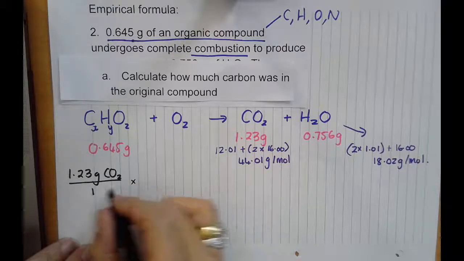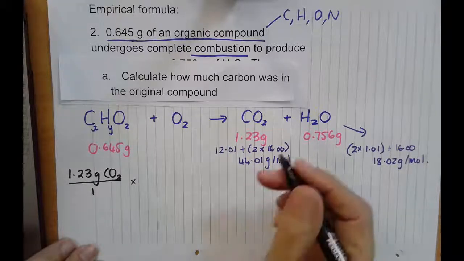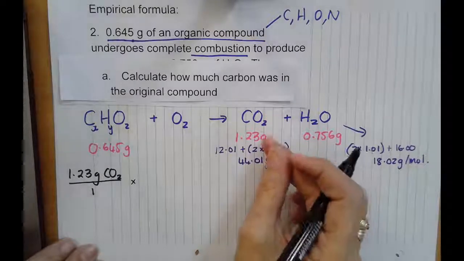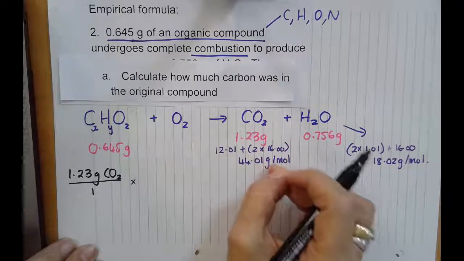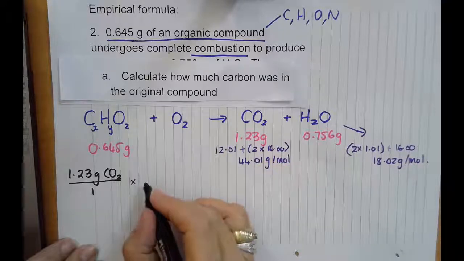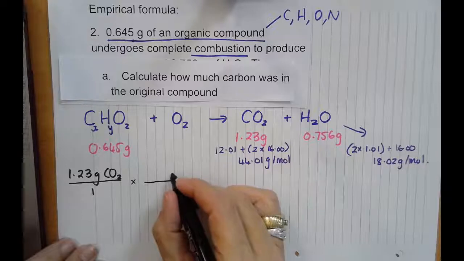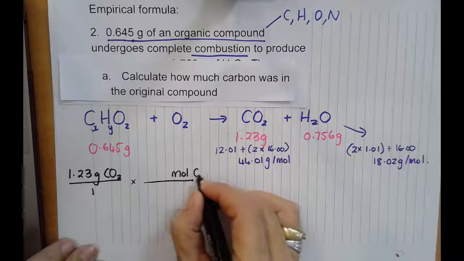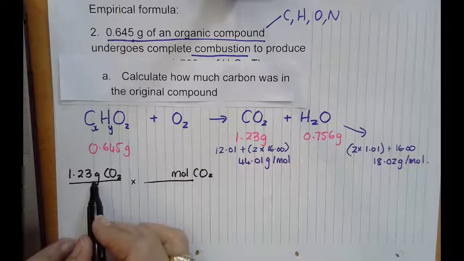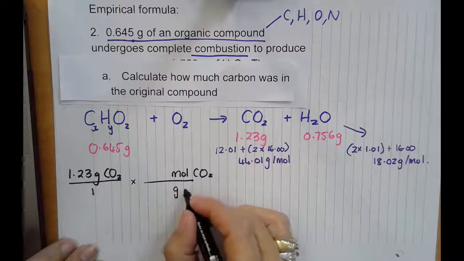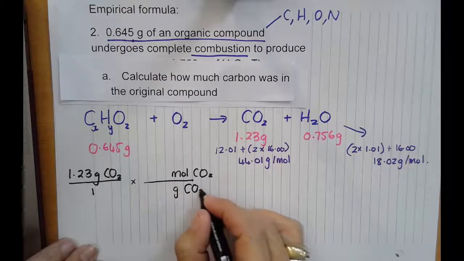I'm going to first convert my mass of carbon dioxide to find out how many moles of carbon dioxide I have. To do that, I'm going to use my molar mass. What I want to find out is how many moles of CO2 I have. That means at the bottom I have to have grams of CO2.